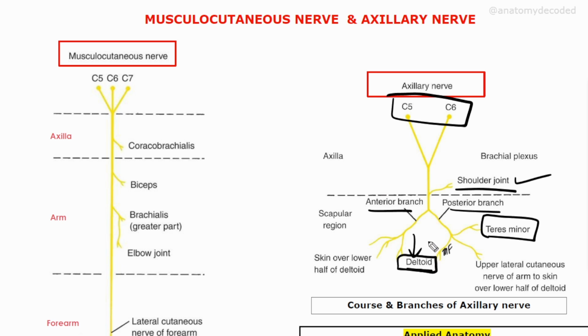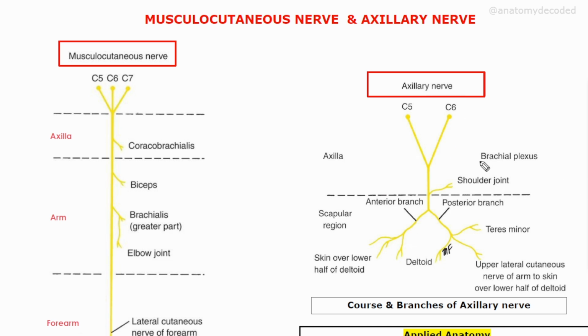An examiner may ask which other muscle the axillary nerve supplies. The right answer is the teres minor muscle. Later on it supplies the skin over the lower half of the deltoid. It gives a branch called the upper lateral cutaneous nerve of the arm, which supplies the skin over the lower half of the deltoid. This was about the axillary nerve.